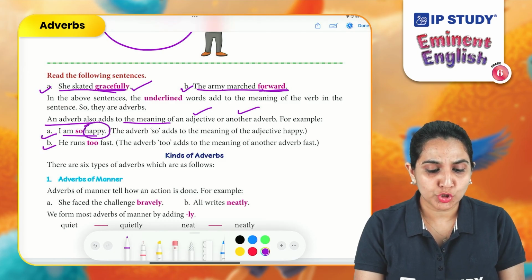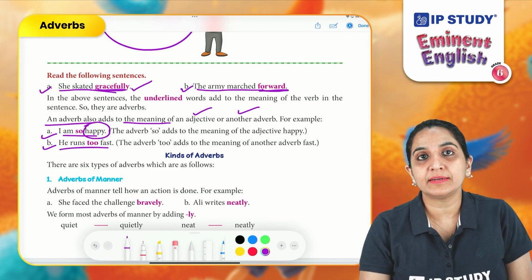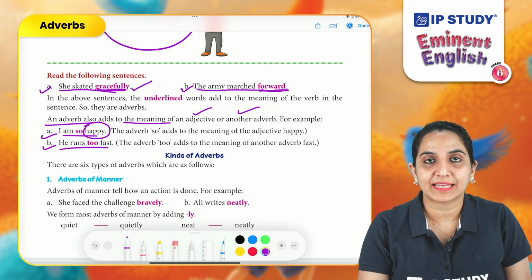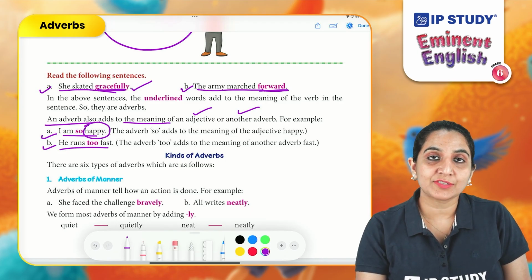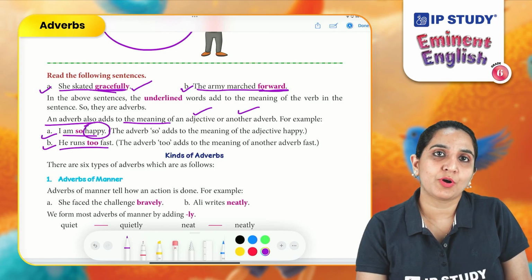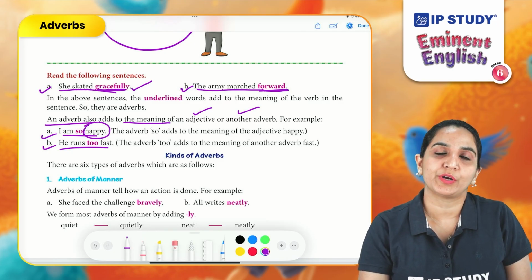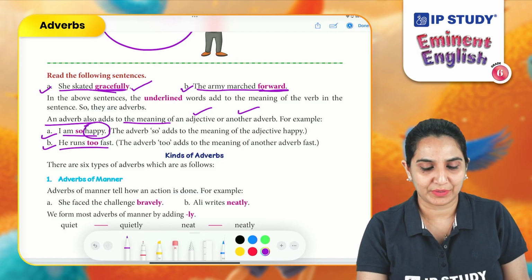He runs too fast. Now too adds meaning to another adverb, which is fast. That means fast is already describing how the person runs. Too fast, the word too is modifying an adverb here. So sometimes an adverb is also used to modify another adverb.